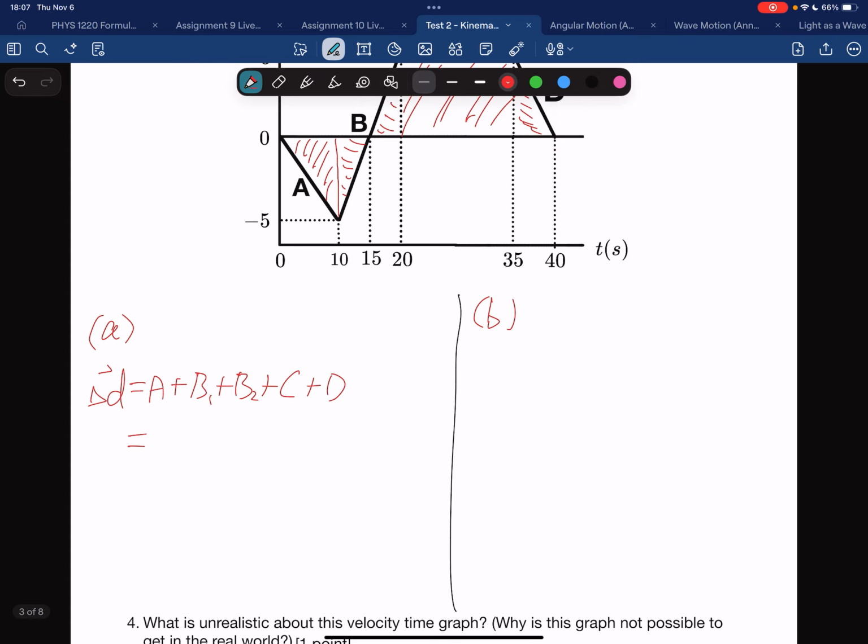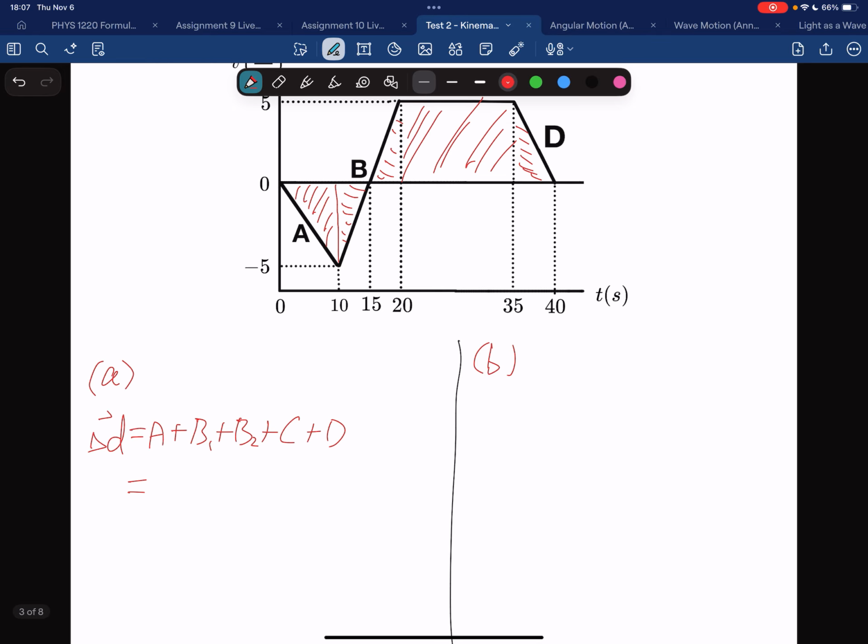Plugging this in, I need my formula for area of a triangle, which is 1/2 base times height. So 1/2 times the base of A, which goes from 0 to 10. So the base is 10. The height is 0 to -5.